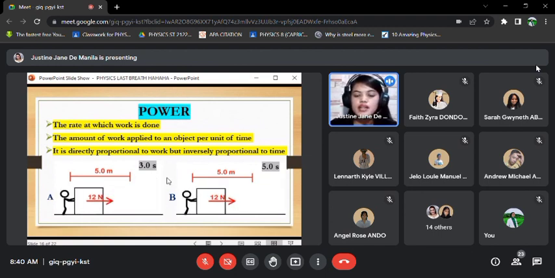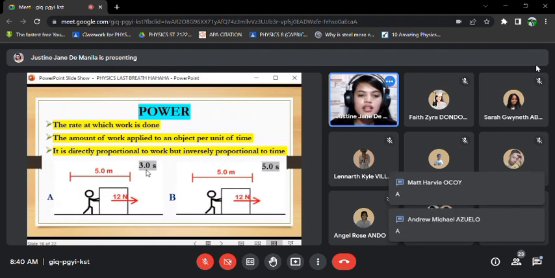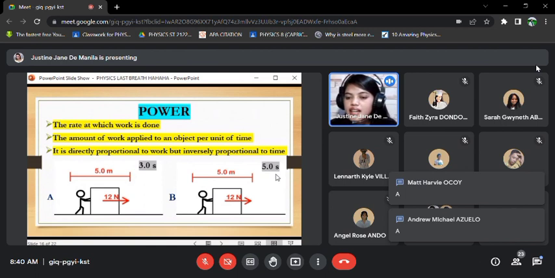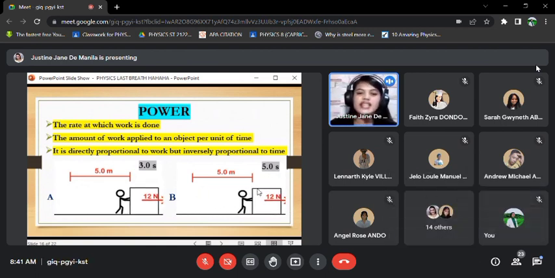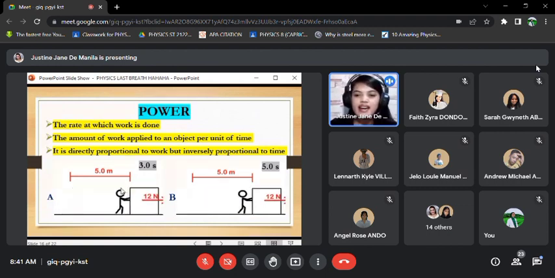But when we talk about power, who has a greater power? Stickman A takes 3 seconds, and stickman B takes 5 seconds. So stickman A has the greater power.